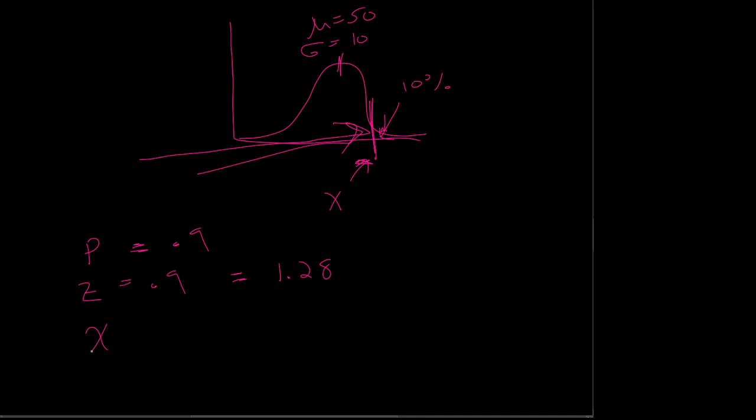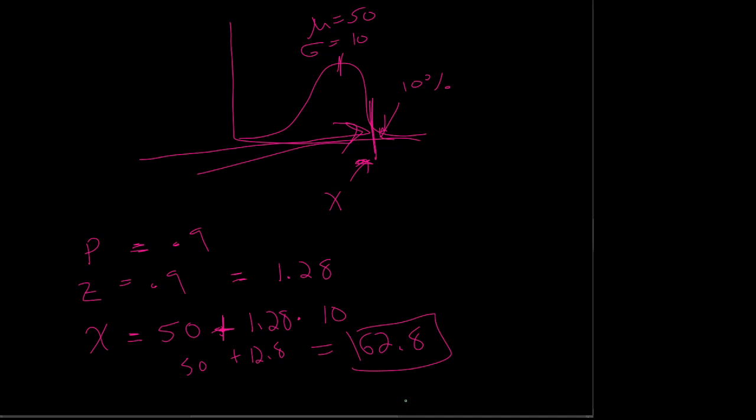And so our x value, or the test score we want, is the mean plus the z-score times the standard deviation. And 10 times 1.28 is 12.8, because we move the decimal place over 1, so 62.8 is what you need on the test score here.